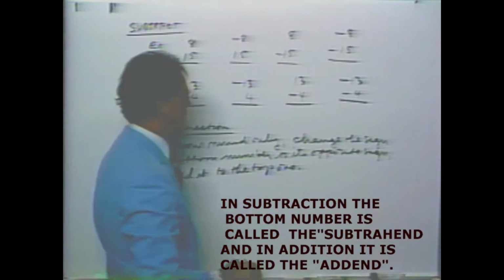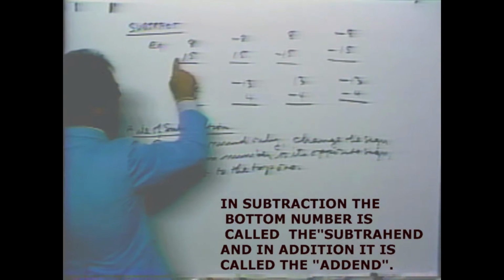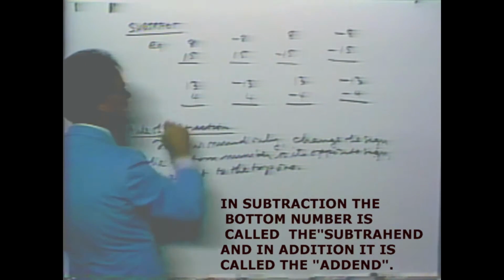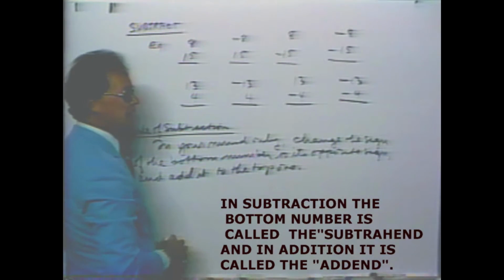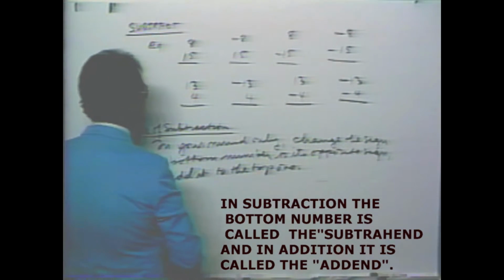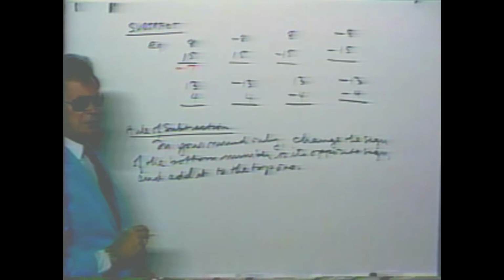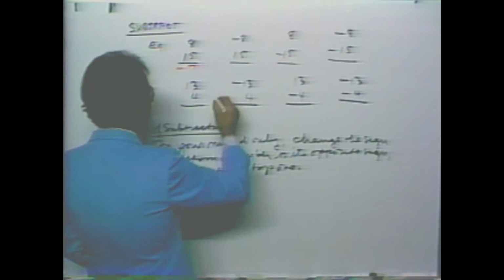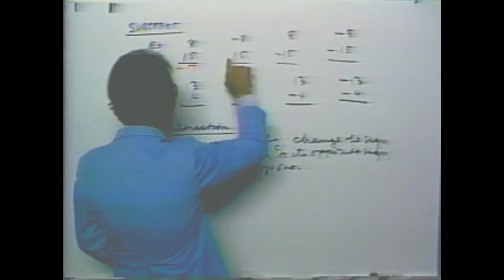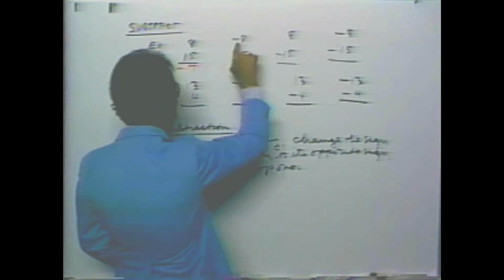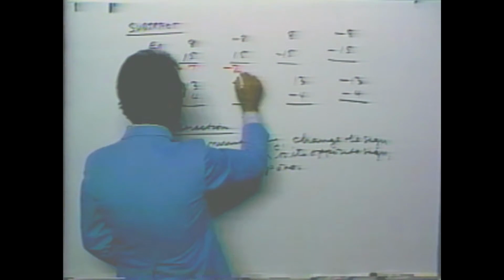So consequently, if you think of this as negative 15 and you add, then negative 15 and 8 will be negative 7. So that's the difference between 8 and 15. If you change the sign of the bottom one in your mind, we have negative 15 here added to negative 8, and that's negative 23.